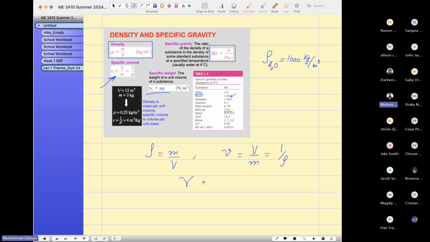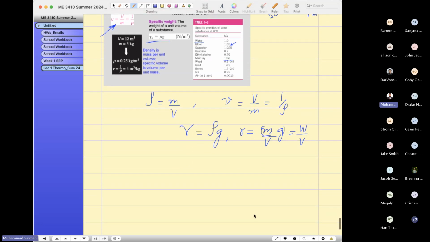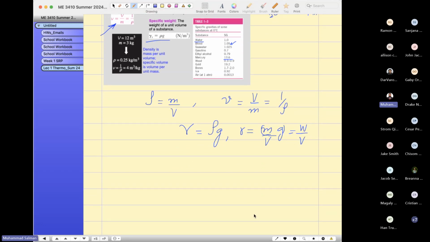Rho g is the specific weight, gamma, the weight of a unit volume of a substance. So mass per unit volume times gravity. Mg is the weight, and volume is the volume. So gamma is also known as specific weight, weight per unit volume, rho g.